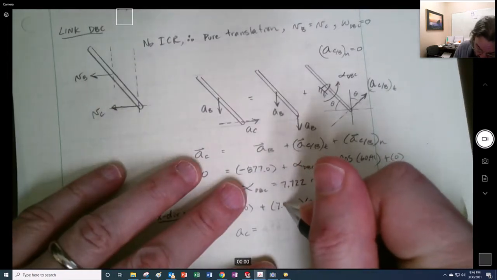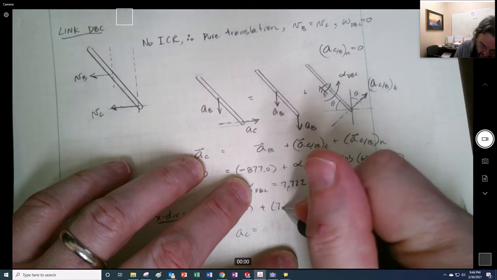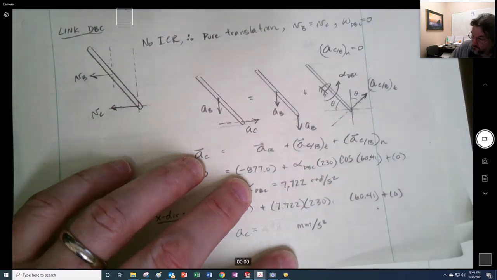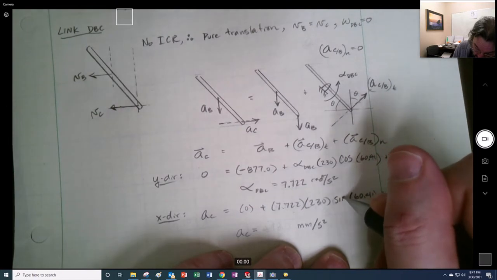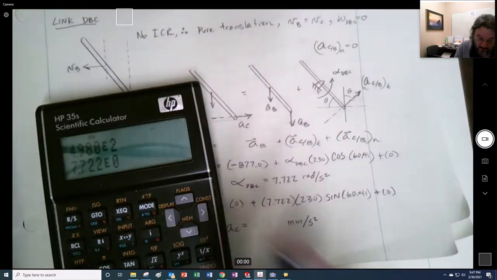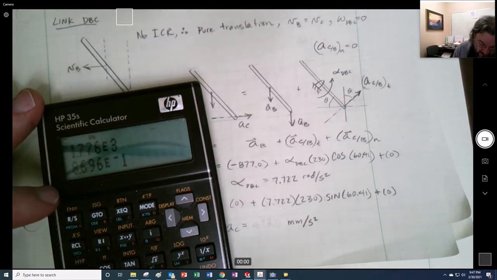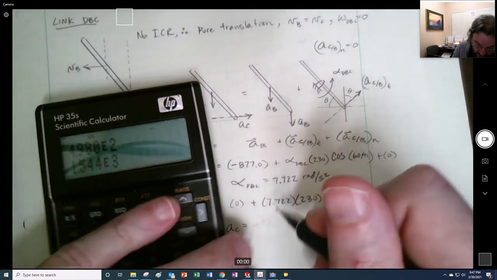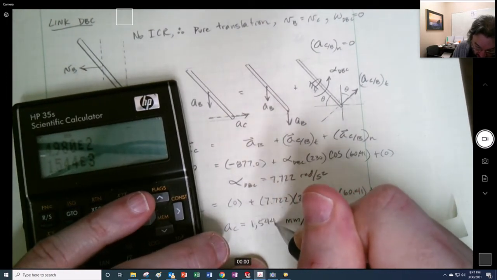And sine. So 230 times that and 60.41 sine that times, and I'm left with 1,544.